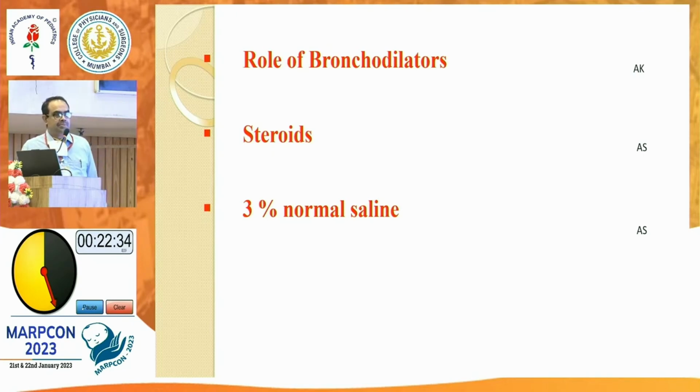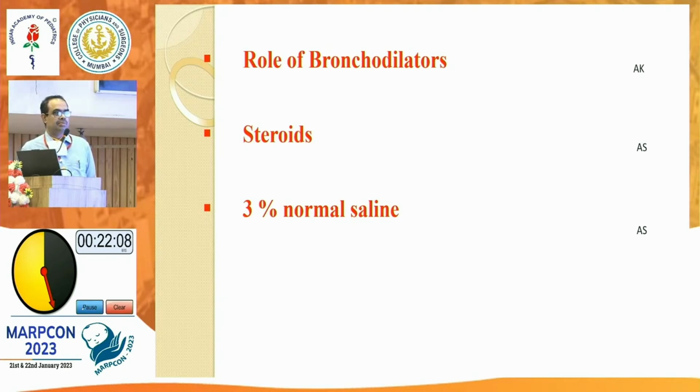Hypertonic saline? Yes, we can use hypertonic saline because there has been a meta-analysis done. There were 7 different cohort studies which were combined together. The total sample was almost 591 infants. There it showed that if we use 3% normal saline, there are 2 advantages. One, the length of stay in the hospital decreases.